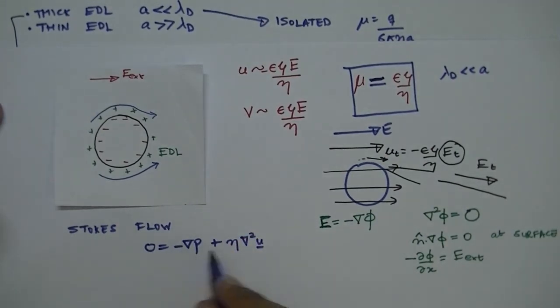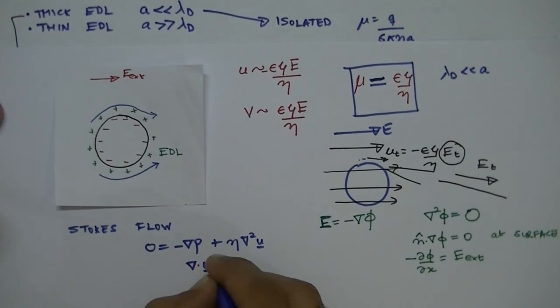So minus gradient of pressure plus the viscous term, and we also have, of course, the continuity equation for an incompressible fluid.